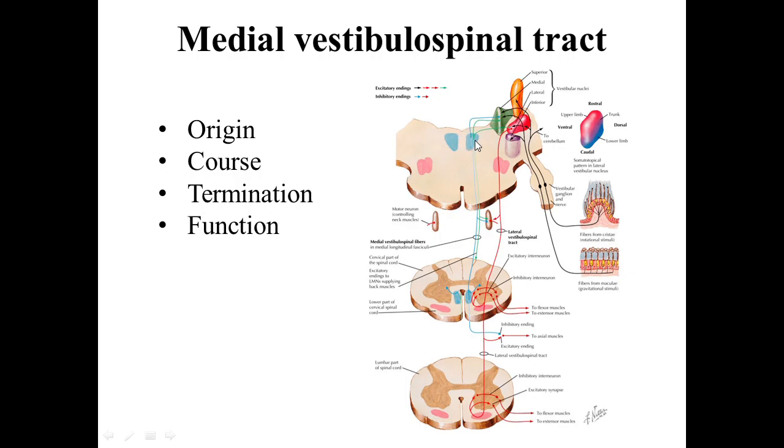The fibers descend on the same side, then enter the anterior funiculus of the spinal cord through the medial longitudinal fasciculus, and terminate in the alpha and gamma motor neurons of the spinal gray matter. The function of this tract is not known.